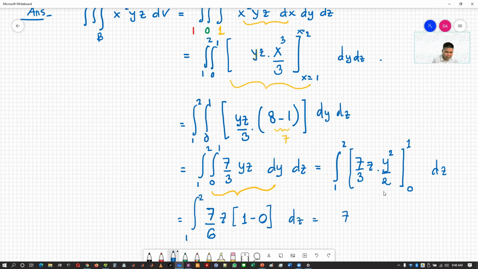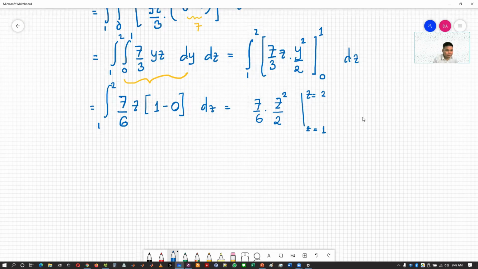Okay, this is 7 over 6. This is z. I directly integrate it first, then z squared over 2, and then the z boundary is from 1 until 2. Hopefully it is correct. Now what do we have? 7 over 12, and then 2 squared, which is actually 4, minus 1 squared.